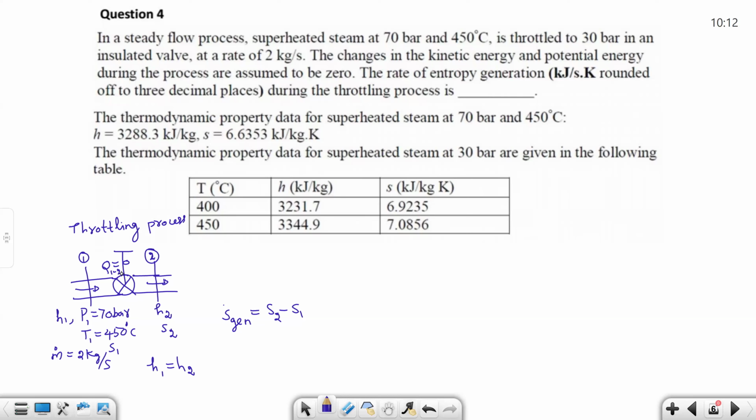So now you are given the property at 70 bar and 450. So that means your H1 and S1 are given. Now we need S2. For that, another data is given, the superheated data at 30 bar. So P2 is 30 bar.